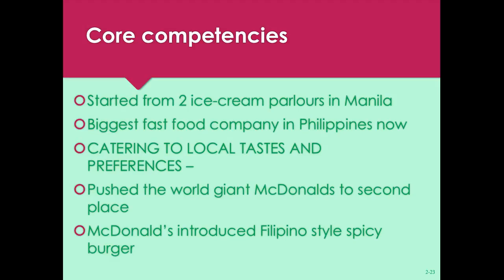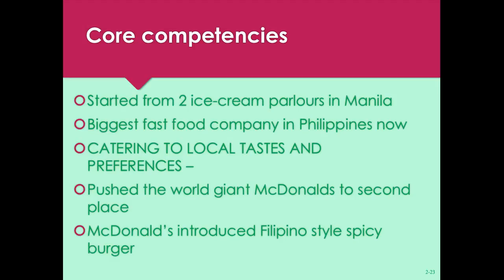Now what was the main strategy of the company? The main strategy of the company was to provide local tastes, and this is what we studied in a few slides earlier, when we discussed core competence. When you are developing a strategy, try to concentrate on your core competence.